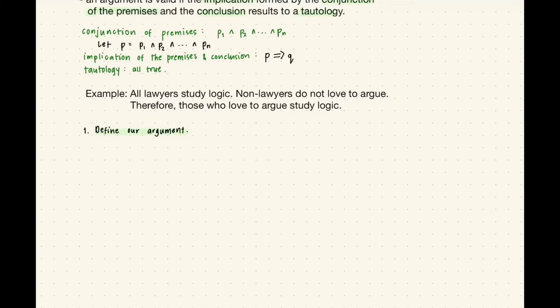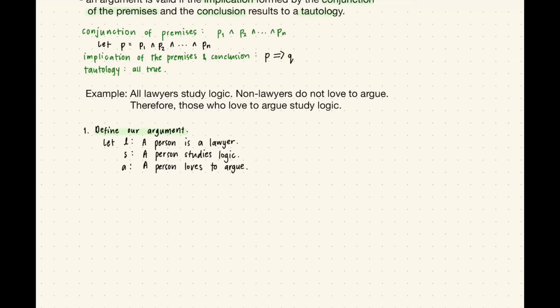Let's define our variables. Let L be a person is a lawyer. Let S be a person studies logic. Let's say another variable A be a person loves to argue.